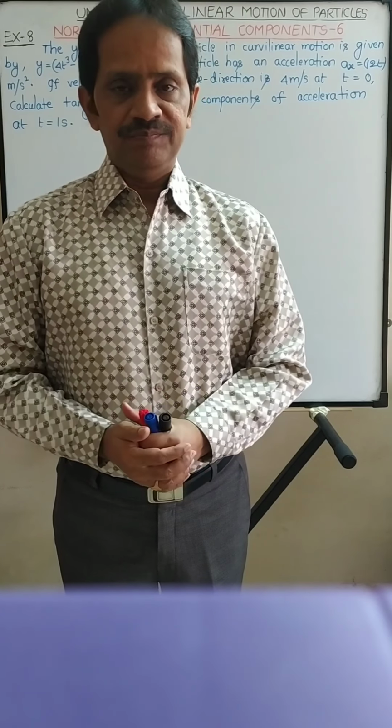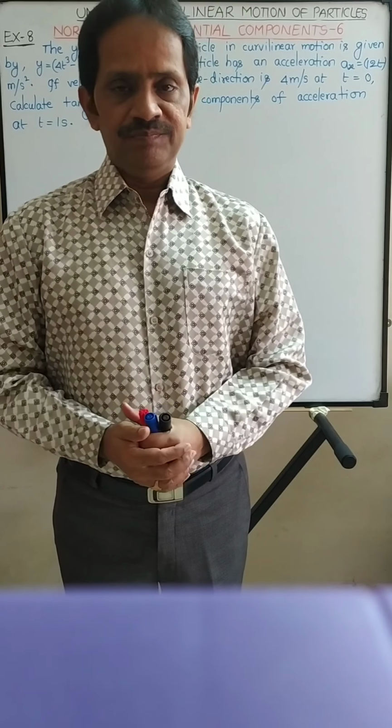So let us write the given data. It is given the y coordinate of the particle y is equal to 4t cube minus 3t. The particle has an acceleration ax is equal to 12t meter per second square.